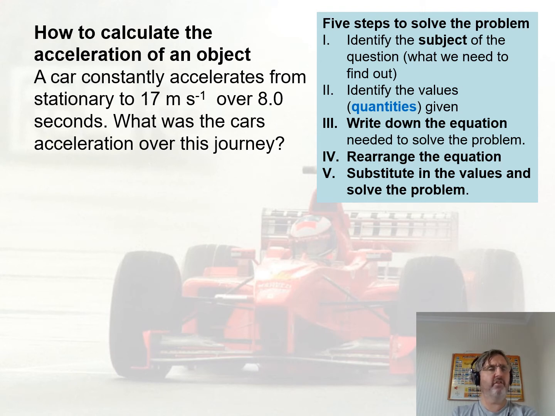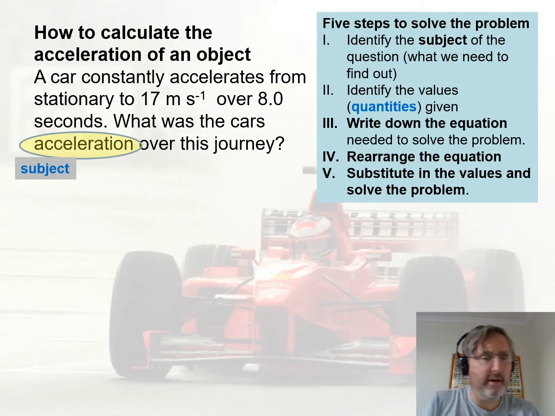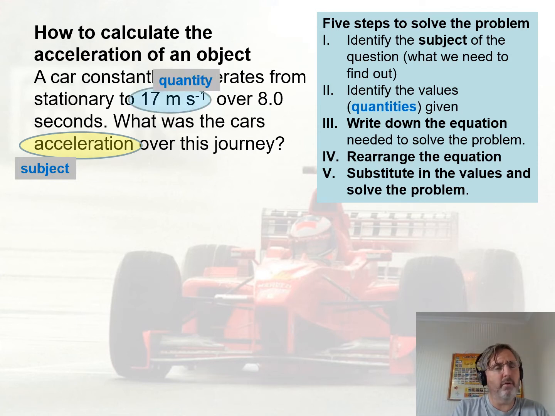Anyway, let's find out what's the subject of this question. Let's look at the last sentence. What was the car's acceleration over this journey? So we're looking at the car's acceleration. That is our subject. Let's look at our first quantity. As we've already talked about, it goes from 0 to 17. So our change in speed is 17 meters per second.